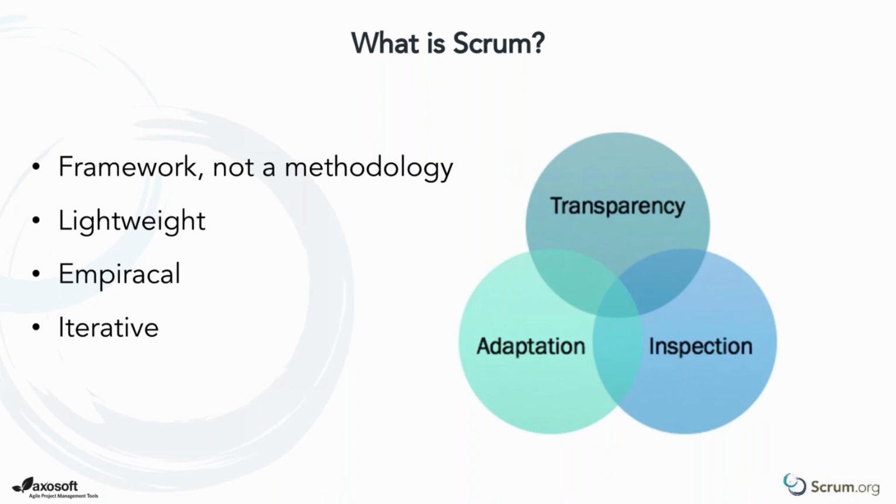What we're doing must be transparent to the team and to our stakeholders. Because if we don't get that feedback, if we don't do what we think we're supposed to be doing, how do we make sure that we're doing the right things? And if we're not constantly inspecting and adapting, looking at how we work and what we're doing, and making changes to improve, how will we get any better? So we'll talk about all of this and how the framework really helps you do that.